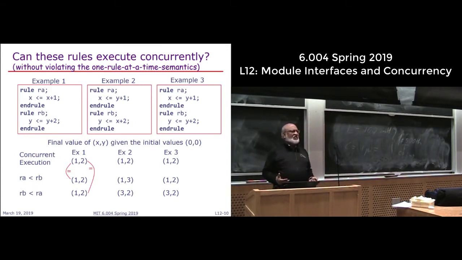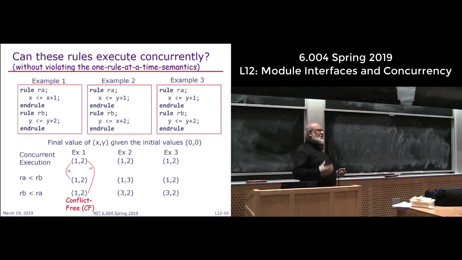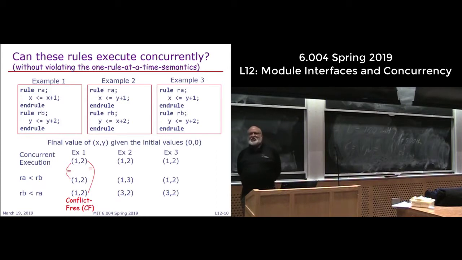It's the same as concurrent execution, and therefore we call these rules conflict free. You go and look at the code and say, of course, X has nothing to do with Y, Y has nothing to do with X. Big deal. But this is the professorial thing: we like to explain things not intuitively but go over all the details, because you have to understand the mechanics of how I derive this.